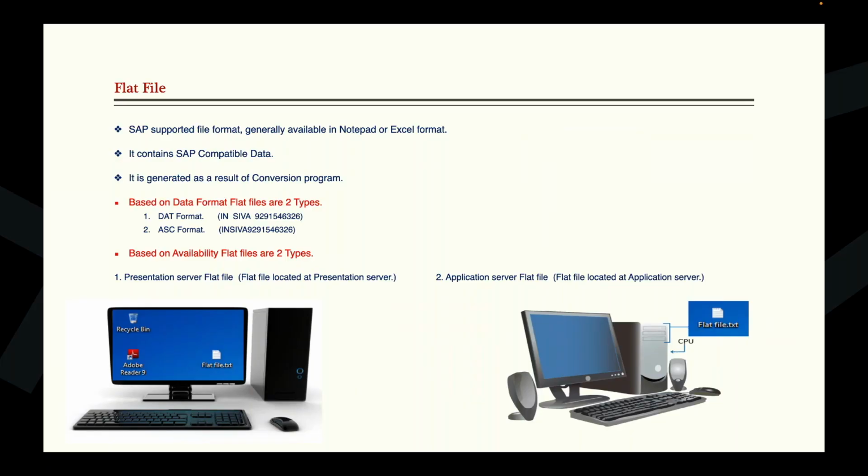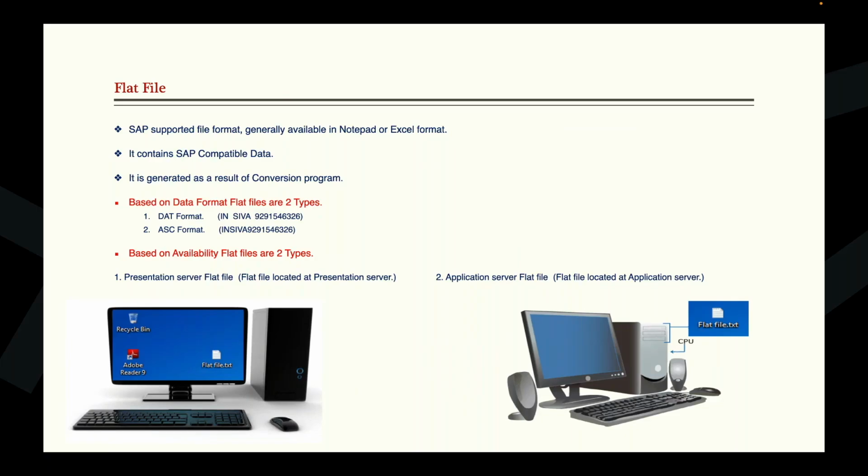If the file is on the desktop, then that file is called a presentation server flat file. Sometimes the conversion team places the file on a server, the application server. This is a server that stores all the file data, and if the file has been sent there, it is called an application server flat file.